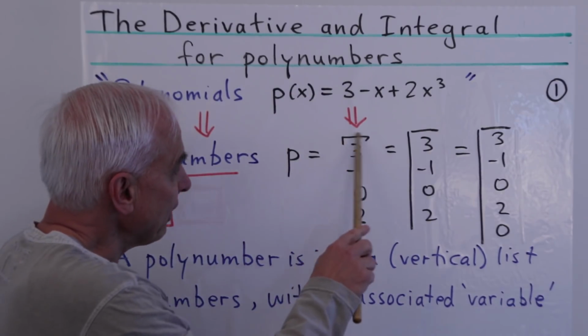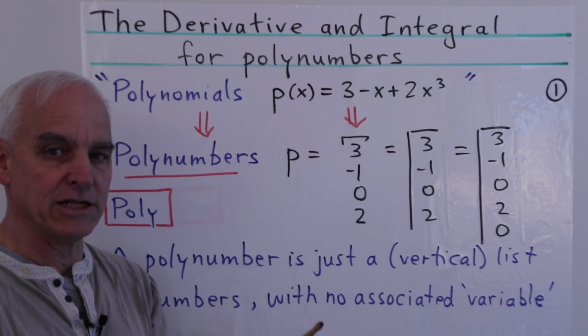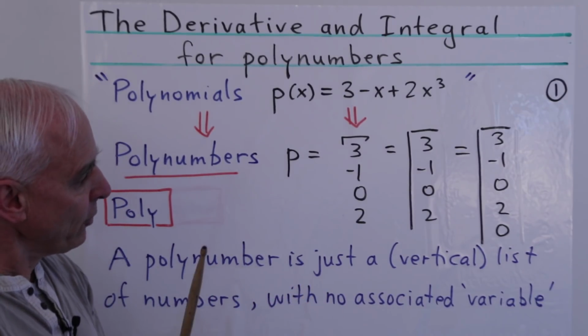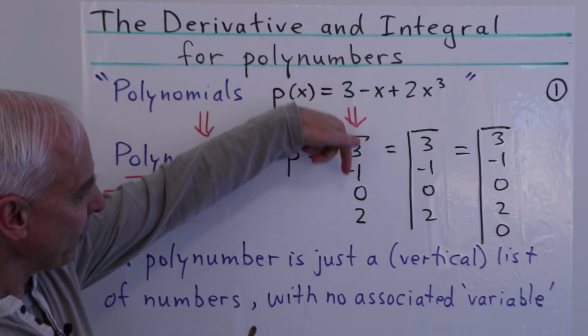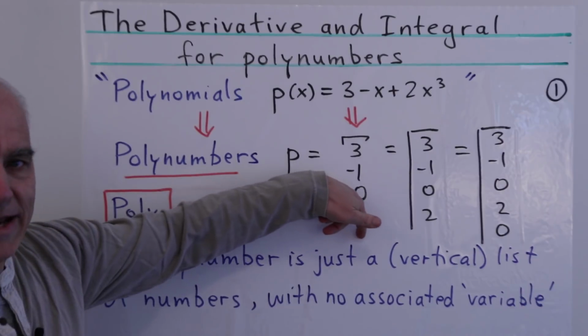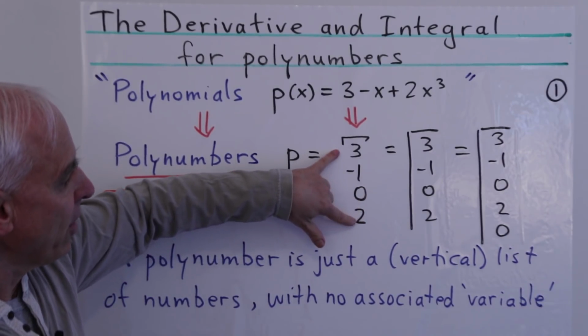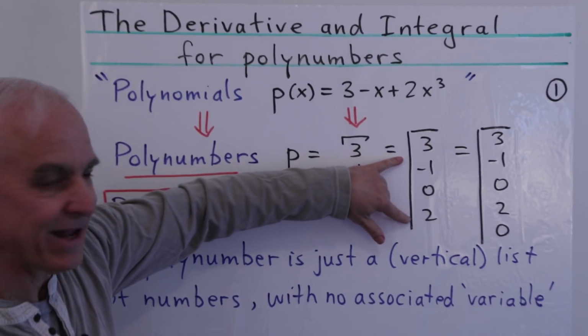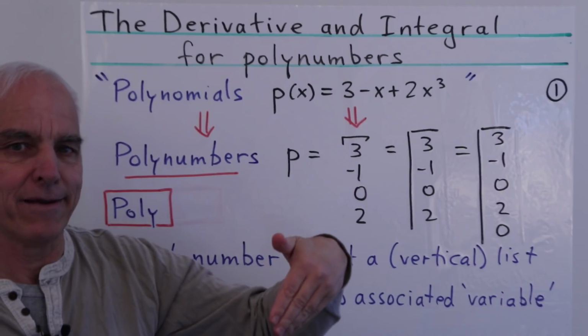And I like to put this little bracket on top to distinguish it from other kinds of lists, and also to allow us this idea that there's a bit of flexibility in terms of adding zeros at the end. So if we take the same thing here, we could, first of all, rewrite it like this. This is maybe a little bit more friendly for LaTeX, okay?